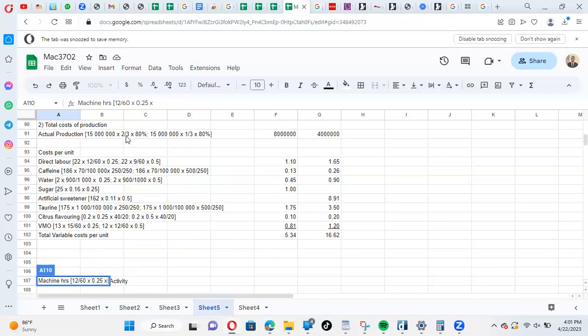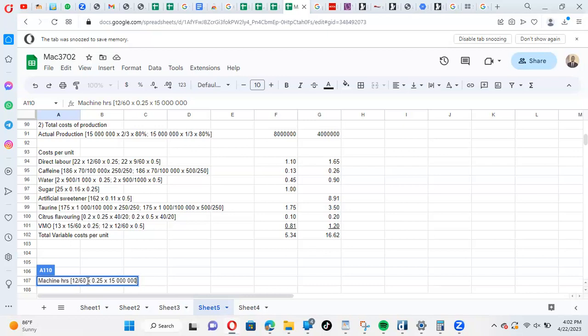Yeah, that one there times 2/3. It's the same 15 for both, so we can say 2 over 3 for both.